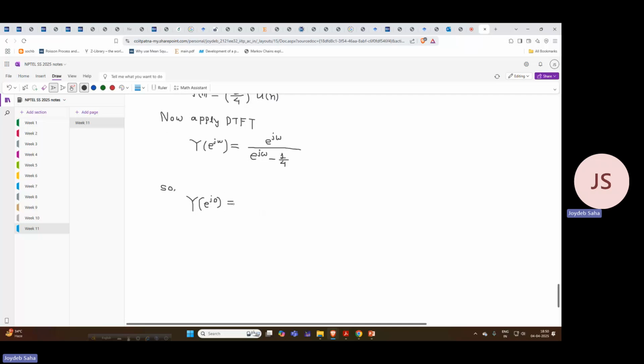It will be e to the power 0 means 1, upon 1 minus 1/4, which is equal to 1 upon 3/4, which is equal to 4/3. Fine.